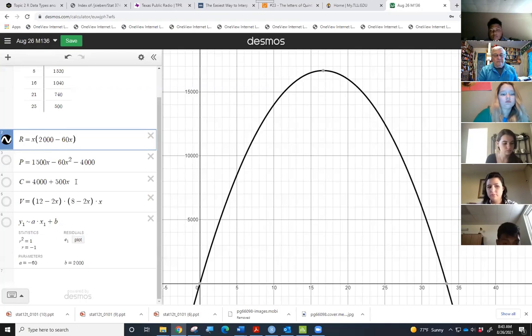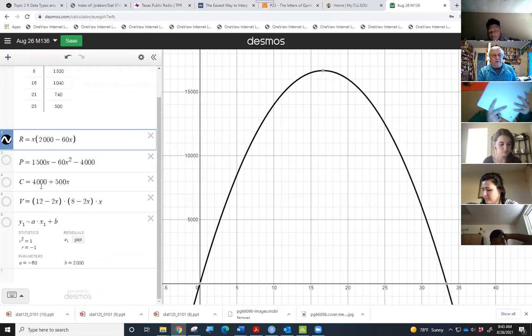Now, rather than go back to the whiteboard, I typed in what they told me right here in Desmos. So let's save a minute and just look at the cost function here in Desmos. What they've told me is that C of X, the cost if I produce X units, is going to be 4,000 plus 500X. 4,000 plus 500 times the number of units that I'm producing.